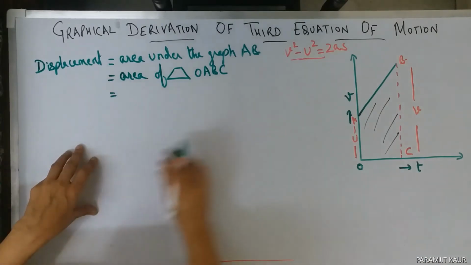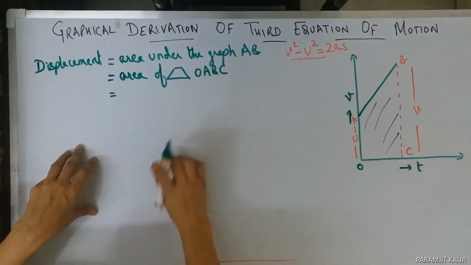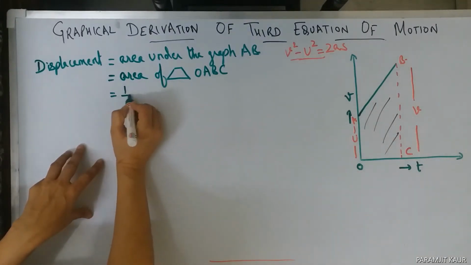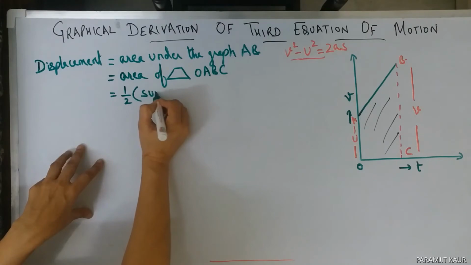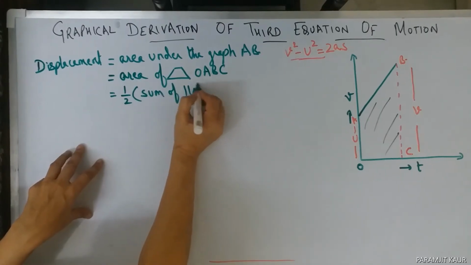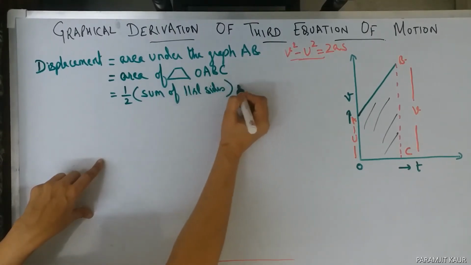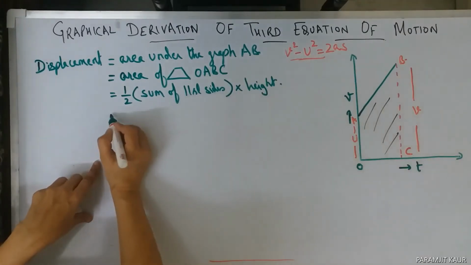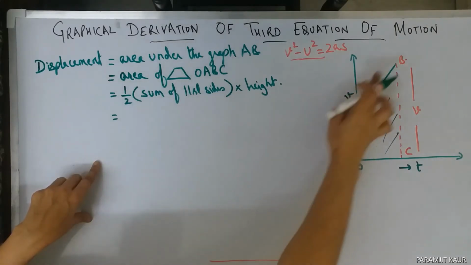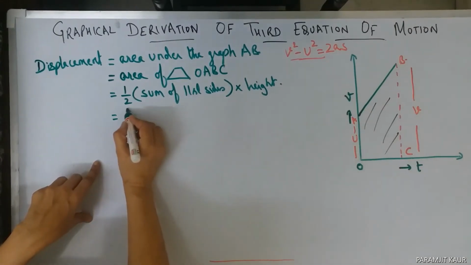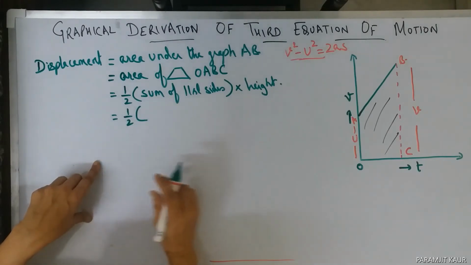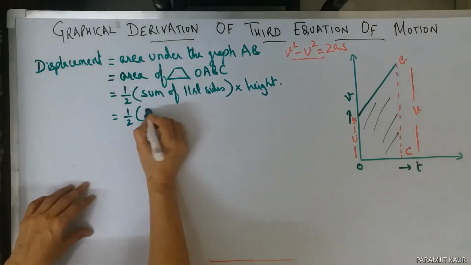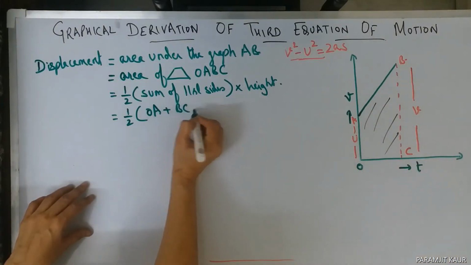Next we come to the formula for the area of a trapezium. You must have done this in maths. The formula is half into the sum of parallel sides into height. Now writing this formula in terms of the naming that I have done, it becomes half into, which are the parallel sides? That is OA and BC. So I write OA plus BC.